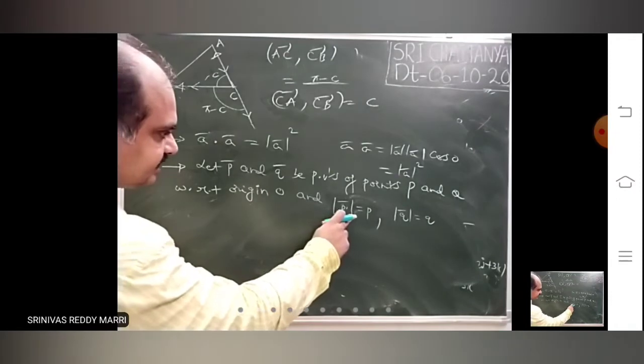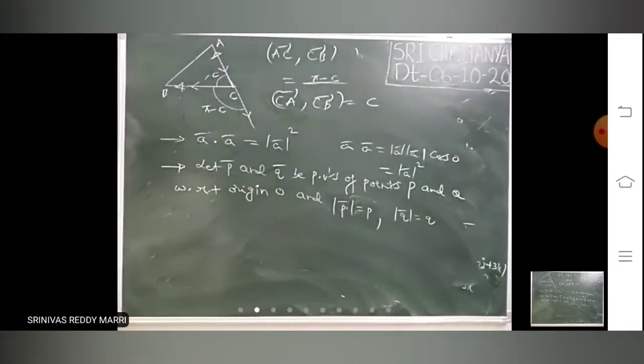These two are vectors, magnitude p is given, magnitude q is given.